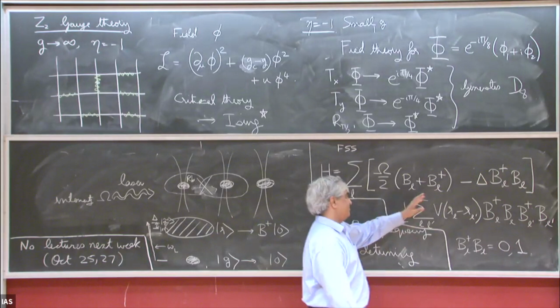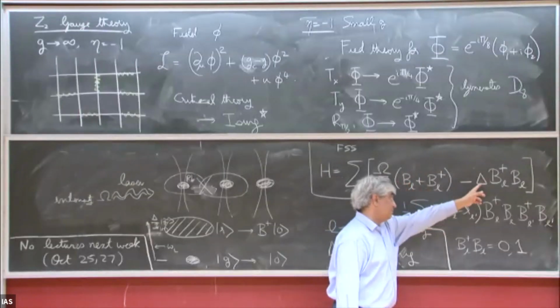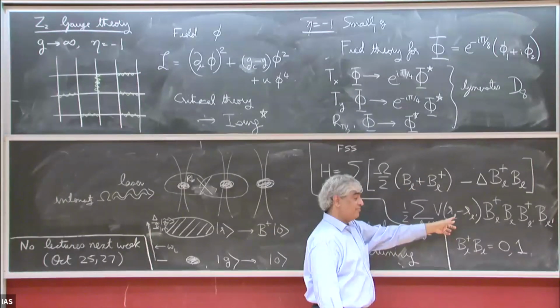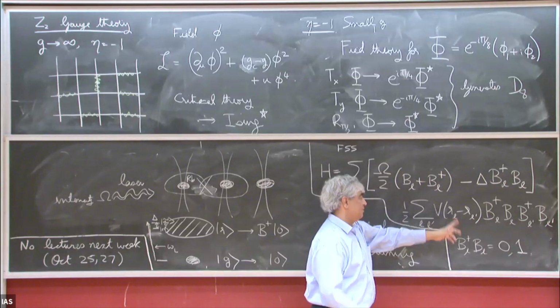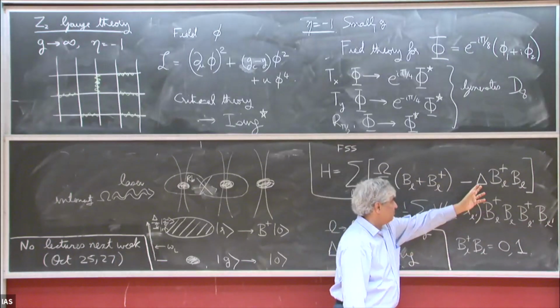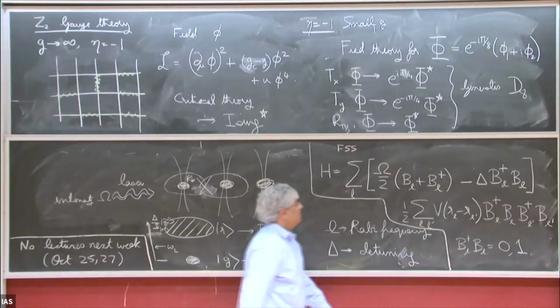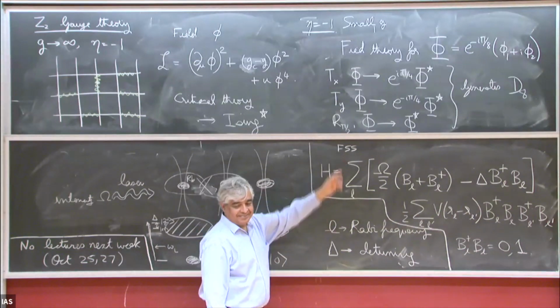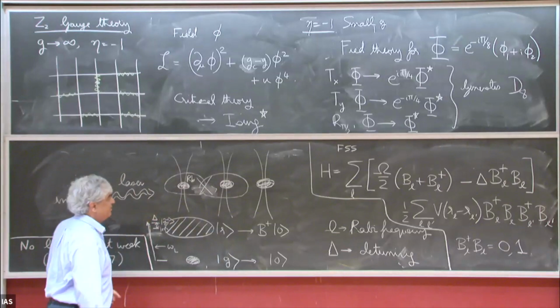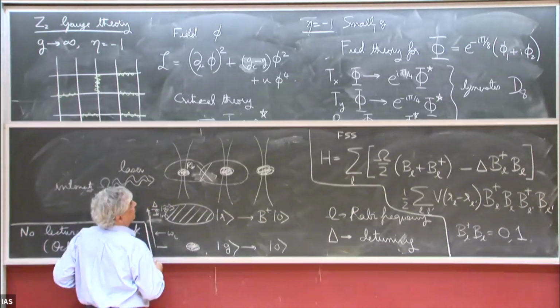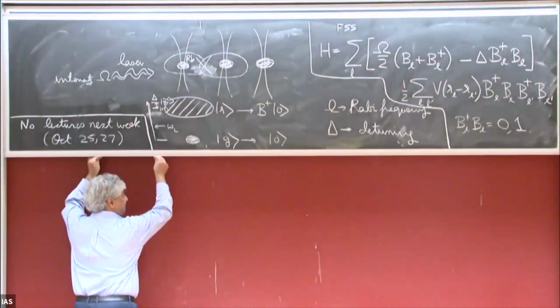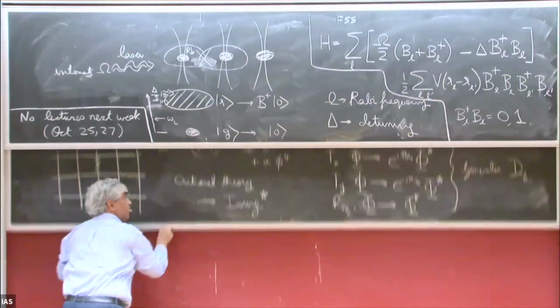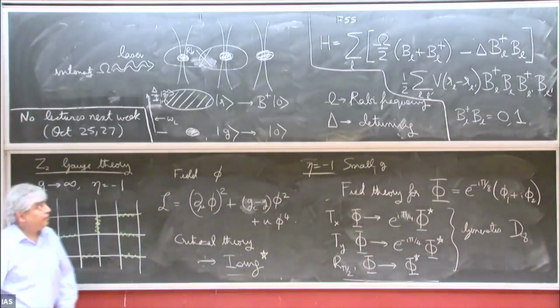Well, the PXP model precisely is Delta equals 0 and V equals either infinity or 0. But some versions of the PXP model have a non-zero Delta. Yeah, in any case, all of those versions were discussed by us a while back.